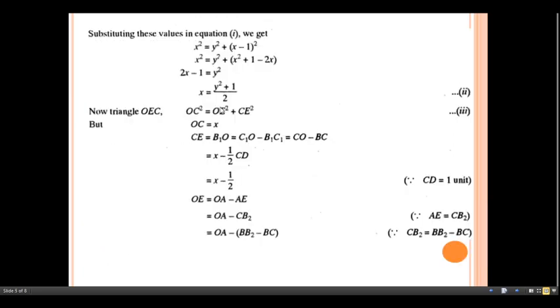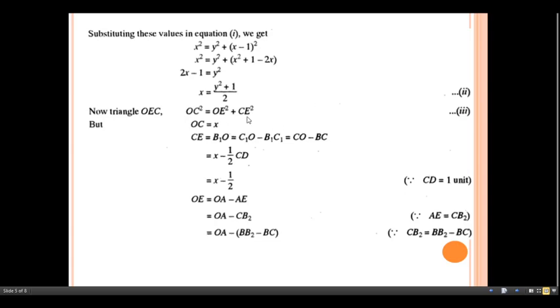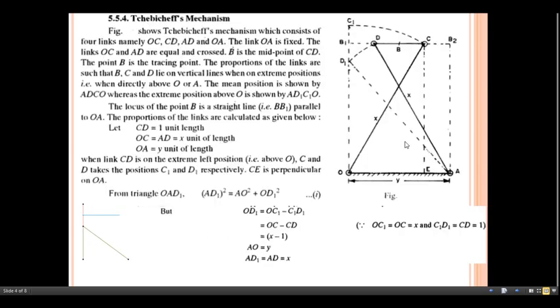So here, what about CE? If you just go through the diagram, CE is nothing but this length. So here CE is nothing but B1O.